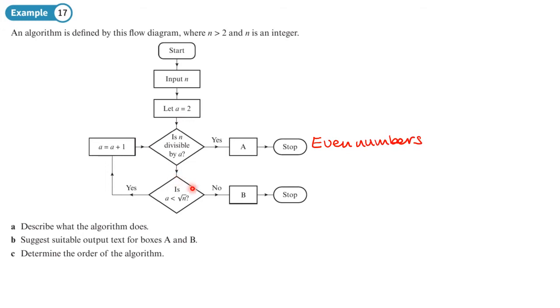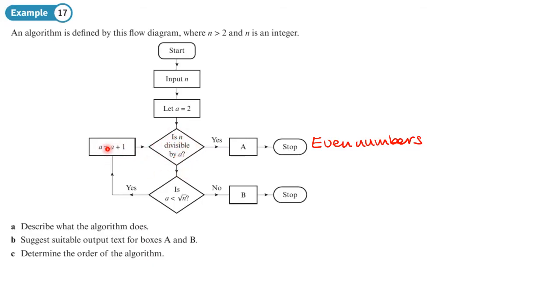Then whatever number it is, we ask, is a, for the first time round, is 2 less than the square root of the number that I've typed in? If it's not, then we go to here. If it is, then we go around the loop again. Now what happens here? So then I increase a by 1, now it's 3, and I'm asking, is the number that I had divisible by 3?